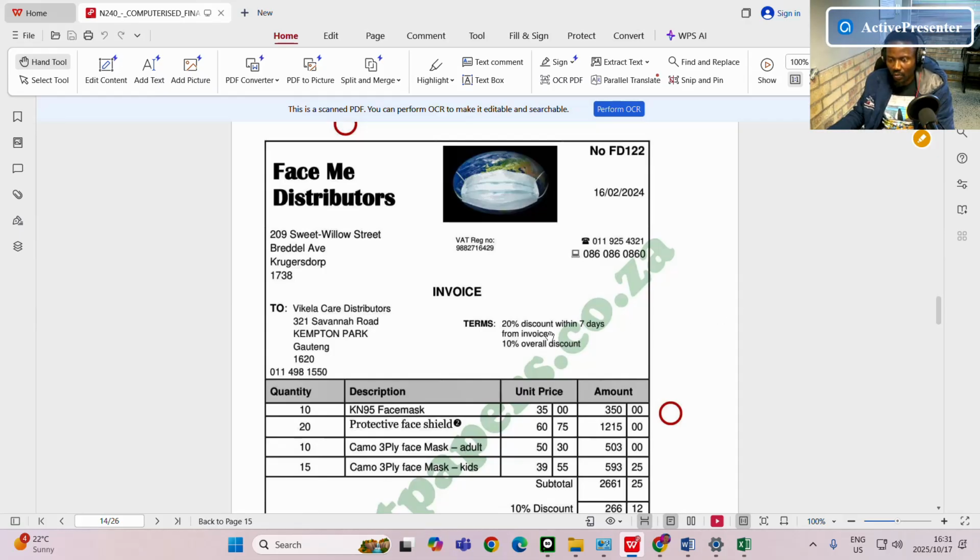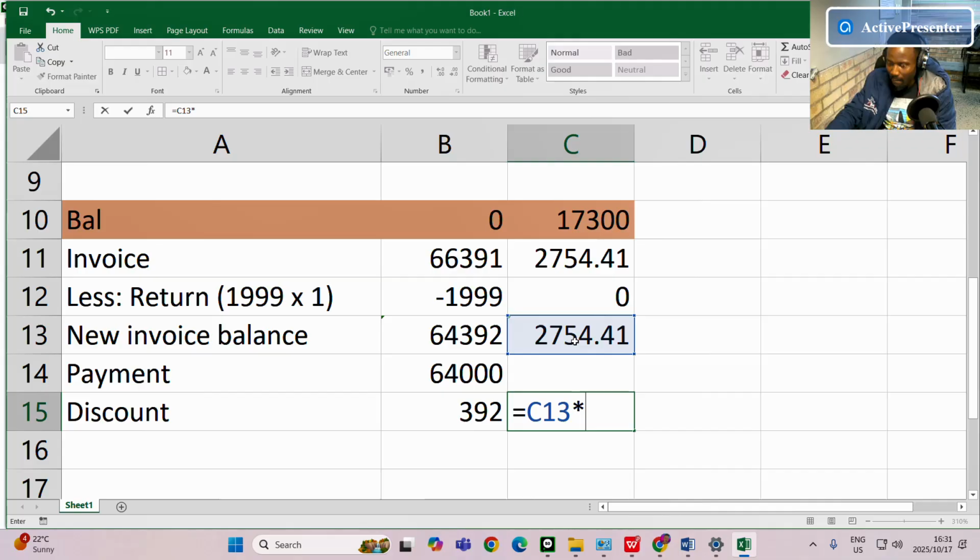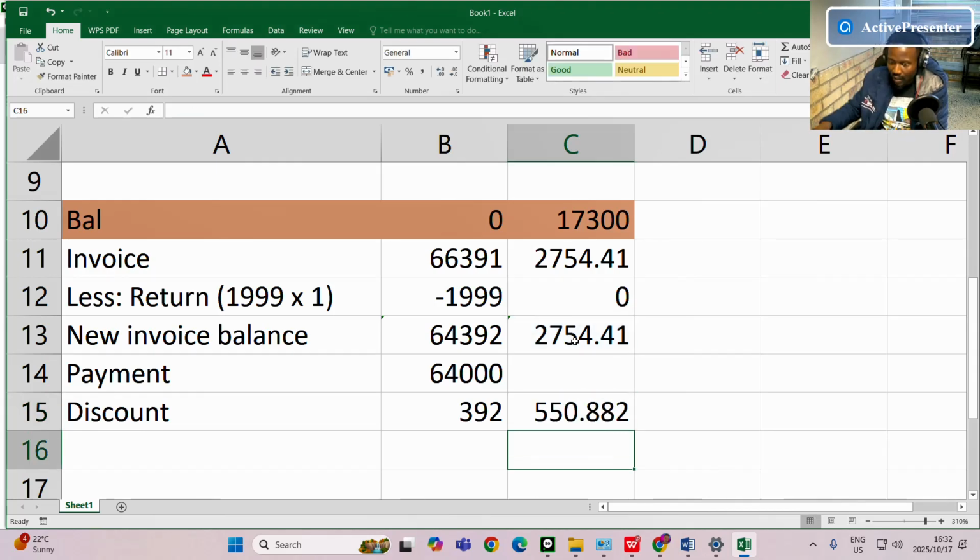So it's 20% within 7 days. So what you're going to do is you're going to take this invoice amount multiplied by 20%. Multiplied by 20%. So this is the discount.